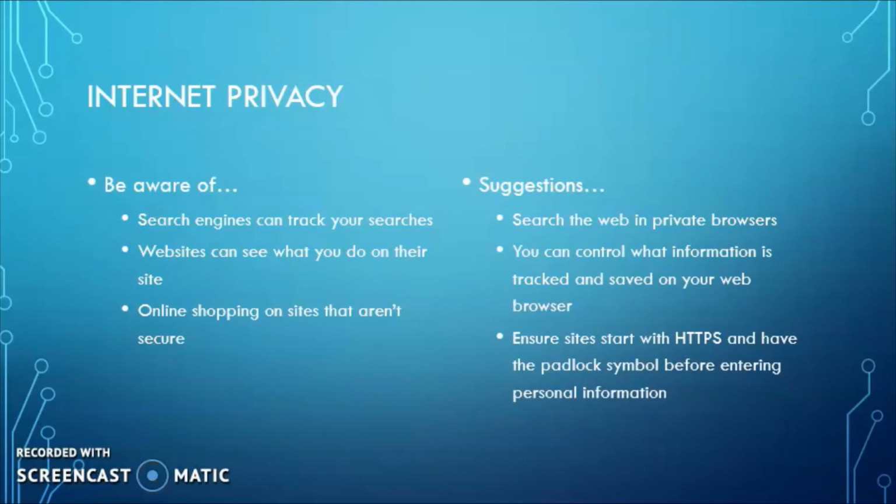It's important that if you create an account or you enter payment information or really any personal information, that you are sure the website is secure. But also, until you make that account, the website or online store can see what you're doing on their website, but they can't actually identify you.